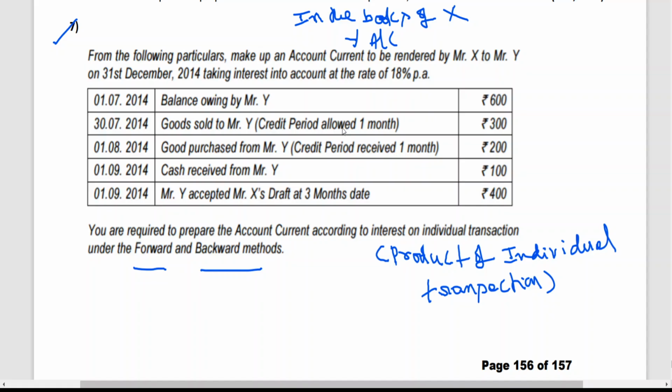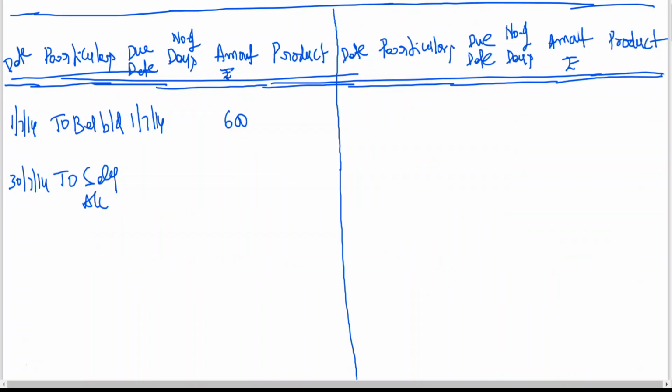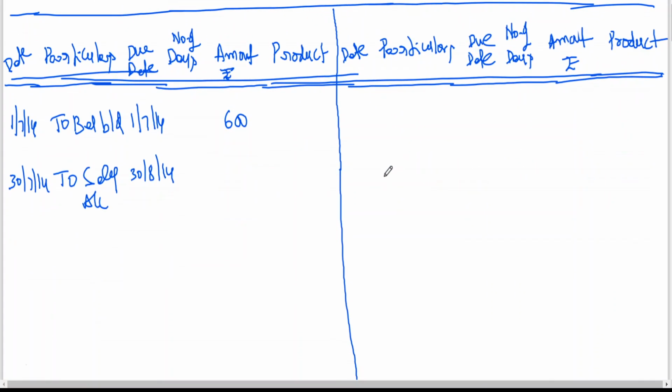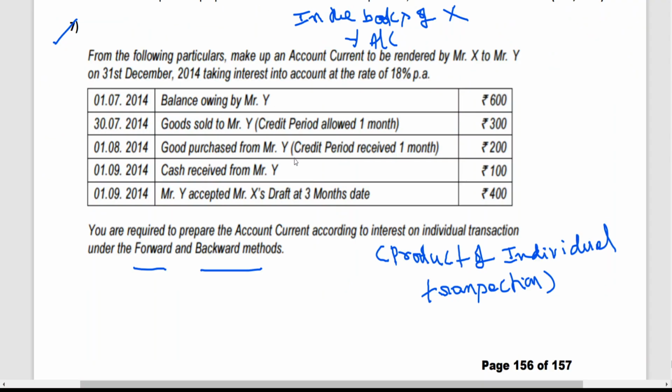Three grace days are added only for bills of exchange. So 30th July plus 1 month comes to 30th August, whereas your closing date is 31st December. So no negative here.